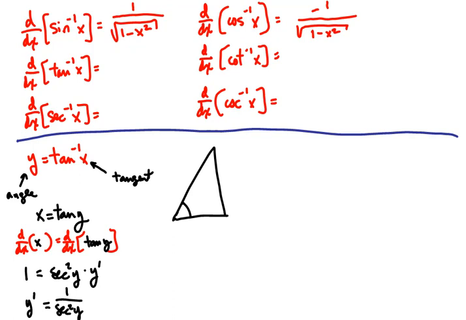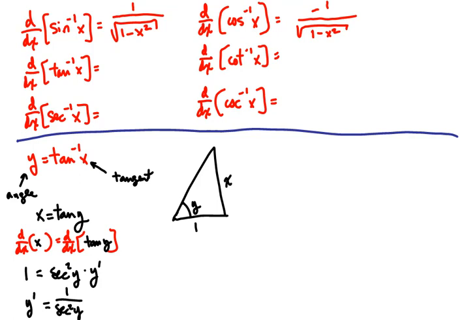So if you recall from the original statement, y is the angle whose tangent is x. So we write that y is the angle there, and the tangent is the opposite over the adjacent. And if the tangent is x, that means that the opposite is x, and the adjacent is 1.